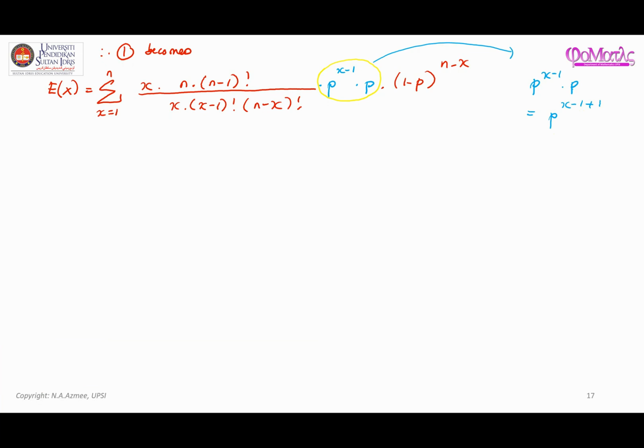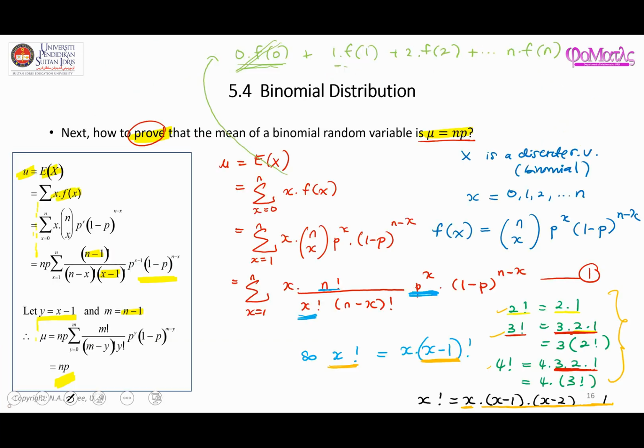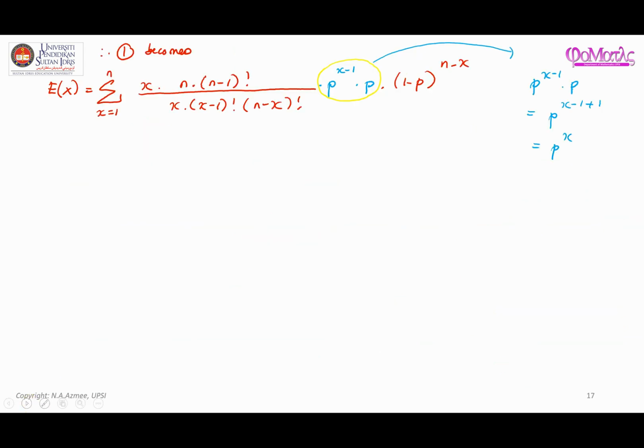Yeah, and therefore negative 1 plus 1 will be cancelled out, so you will get back p to the power of x as what you have originally seen right here. So we're just changing the look of it, but we don't change the original term actually. Okay, right, so that's what's going on.